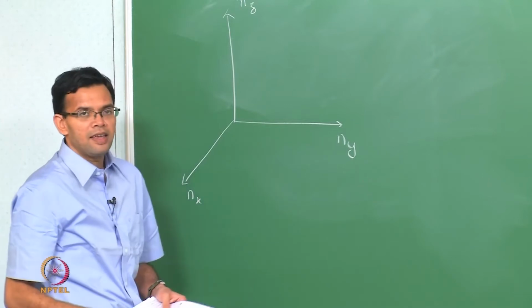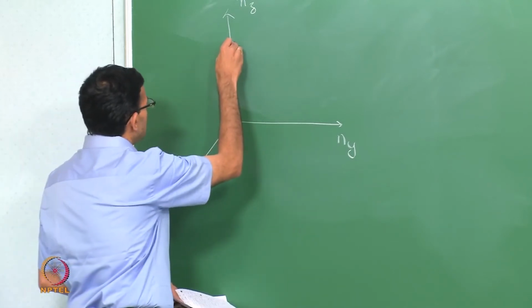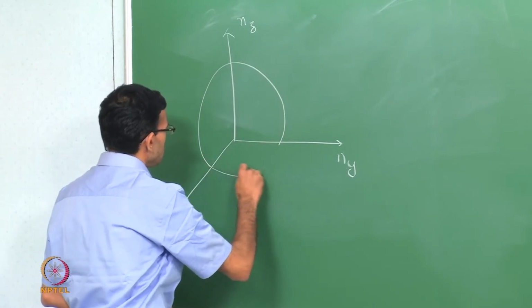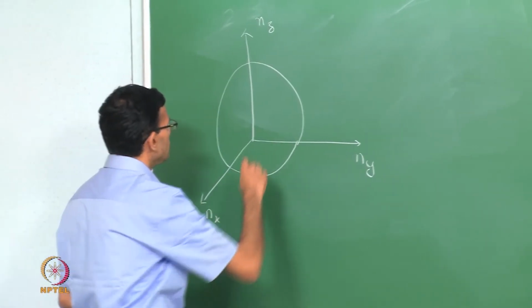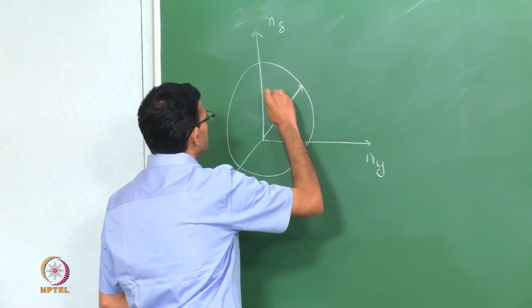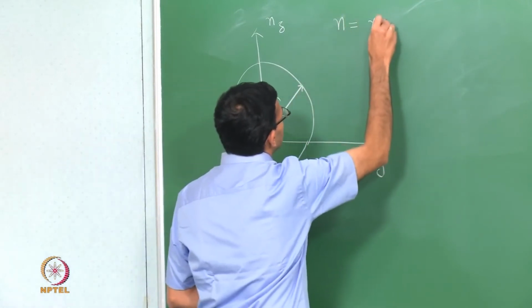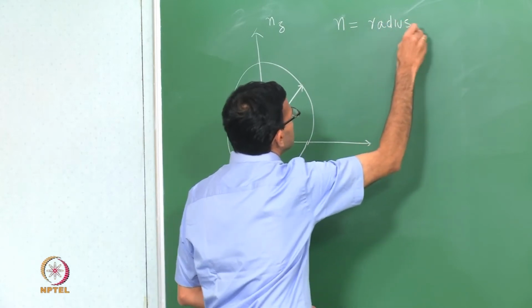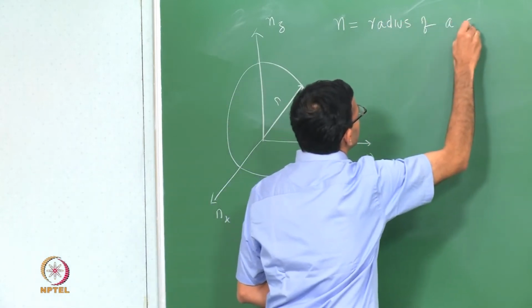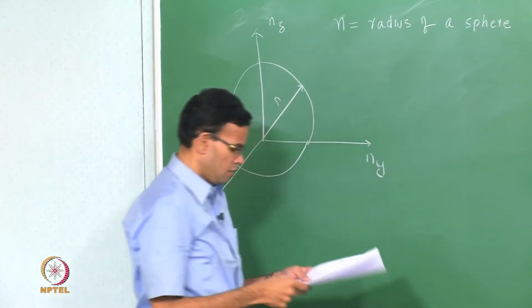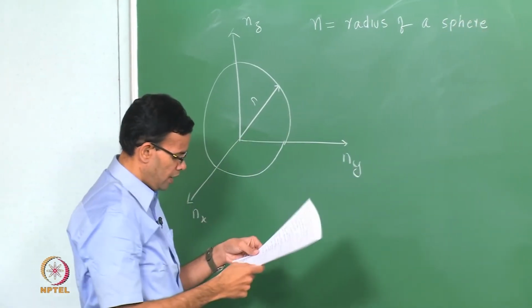In this particular case, n represents the radius of a sphere, which is made up of nx, ny and nz.